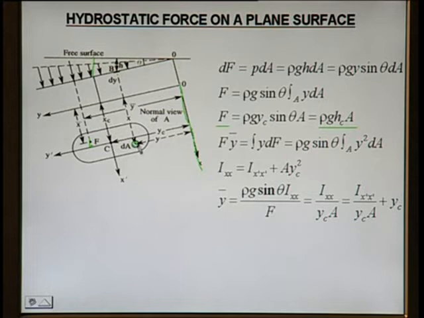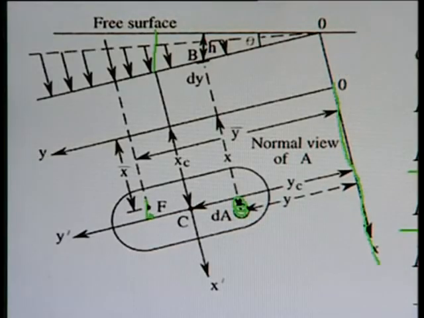Like in this case we take the force here and take the moment of this force about OX, and under equilibrium condition these two must be the same, meaning the moment due to the resultant force and the moment due to the force acting at a small elemental area must be the same. So on the basis of this proposition we will develop this relationship.